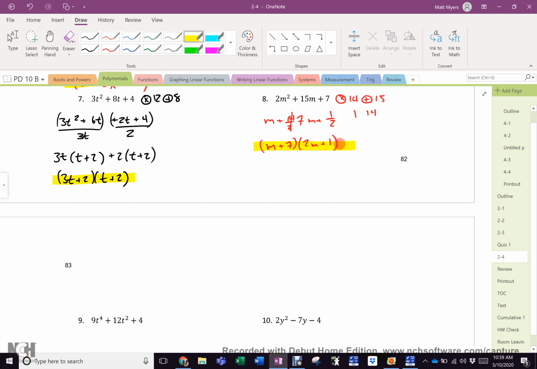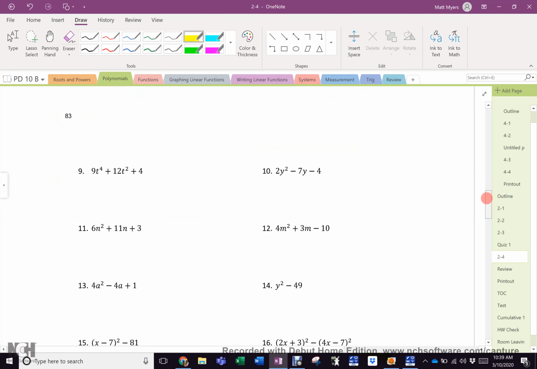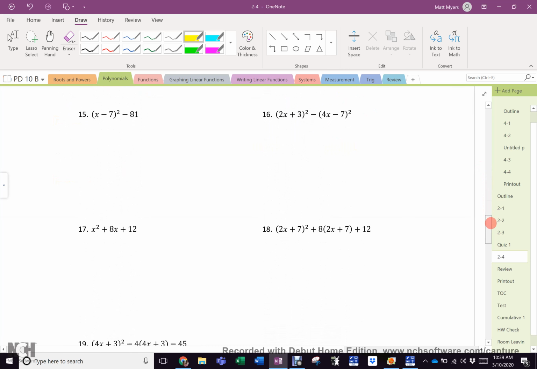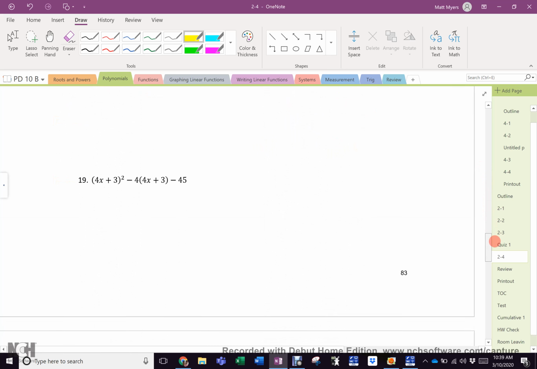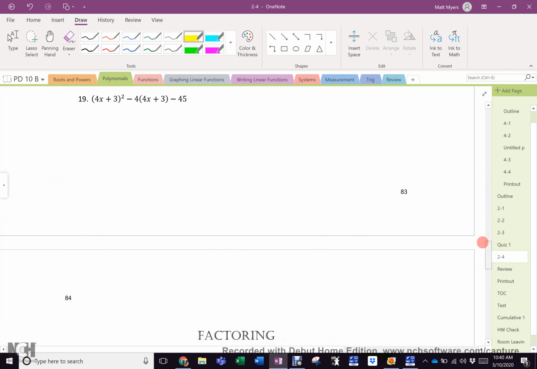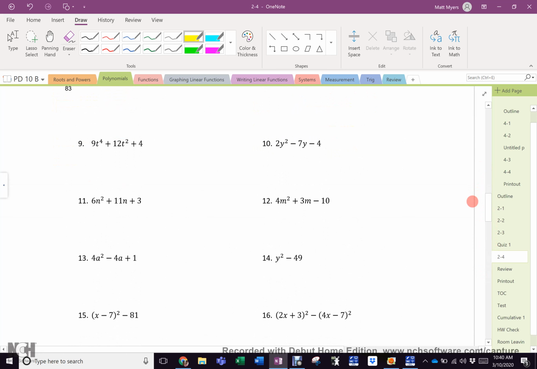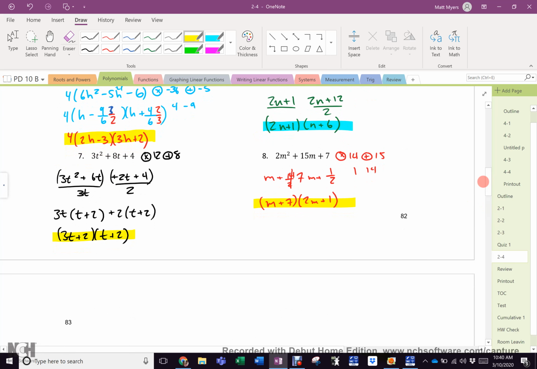I want to make sure we do number 9 together. And then after number 9, you should be good by yourself. May we do 9? So you know how you did 3t plus 6t and then over 3t on the other side, right?